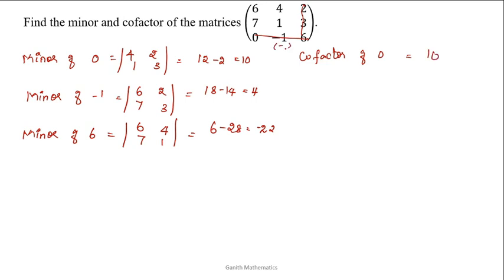And cofactor of minus 1 is minus 4, because it is in the position of 3 2, 3 plus 2 is 5, it is an odd number, so it will be negative, so minus 4. And cofactor of 6 is minus 22. Okay, so these are all the main points, so how to find the cofactor and minor, right?